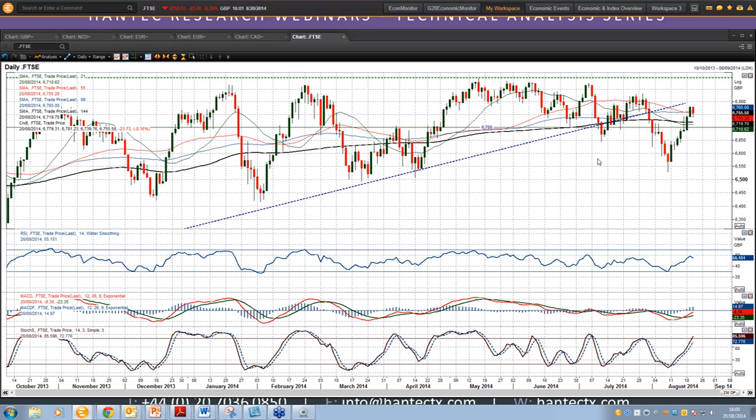Now the problem again we've got is if this rally on the FTSE doesn't now breach that 68.34 mark, you've then got the instance where you've got yet another lower high. So 1, 2, and that would be a third lower high. Now that could be pretty damning in terms of the bulls.